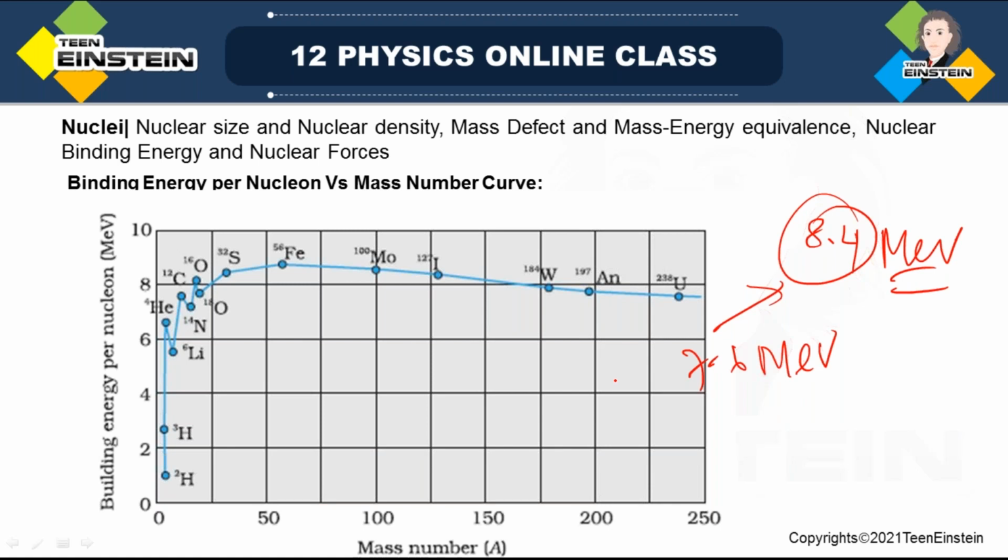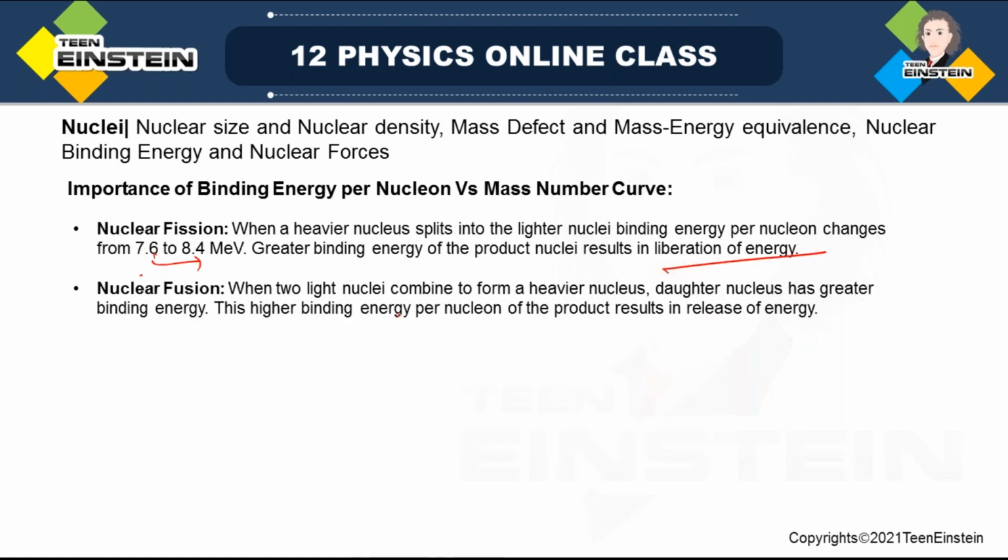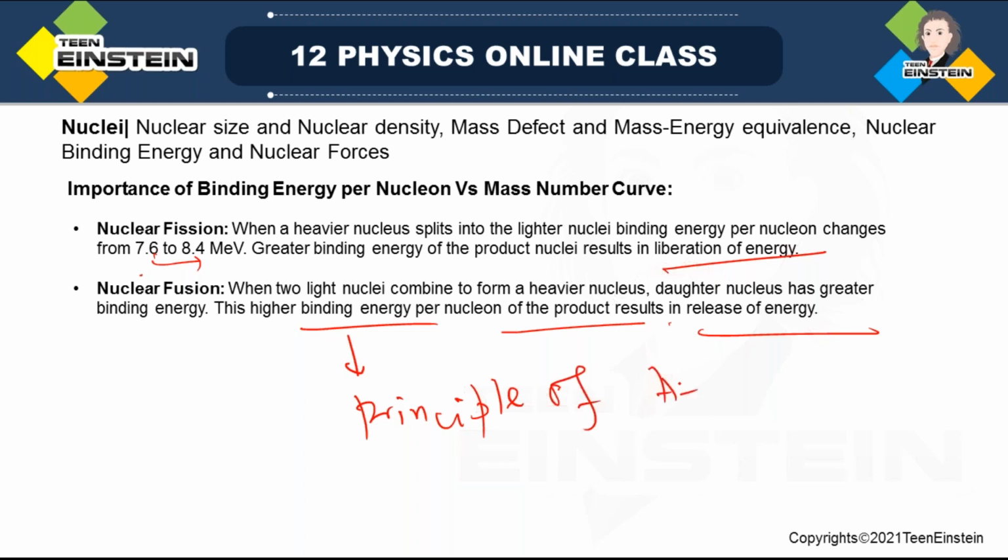In fusion, when two light nuclei combine to form a heavier nucleus, the daughter nucleus has greater binding energy. The higher binding energy per nucleon of the product results in release of energy, and this is the principle of the hydrogen bomb.